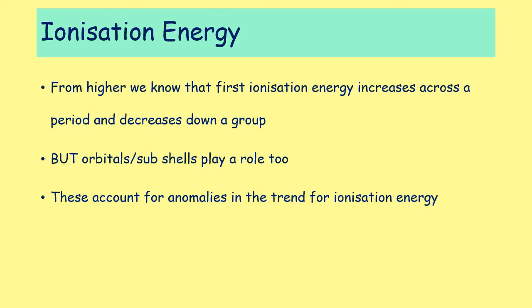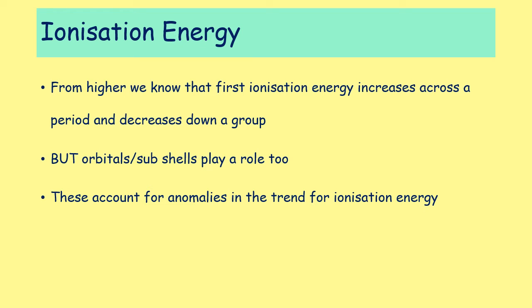Now, the trend of it decreasing down a group is completely true. However, there is a slight variation in the definite trend that first ionization energy always increases across the period. It does not always increase, but it definitely increases in general.